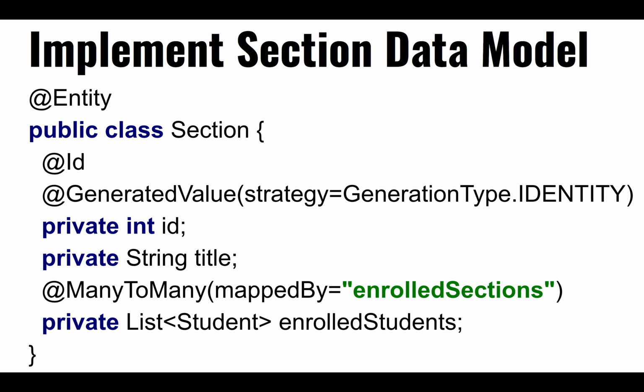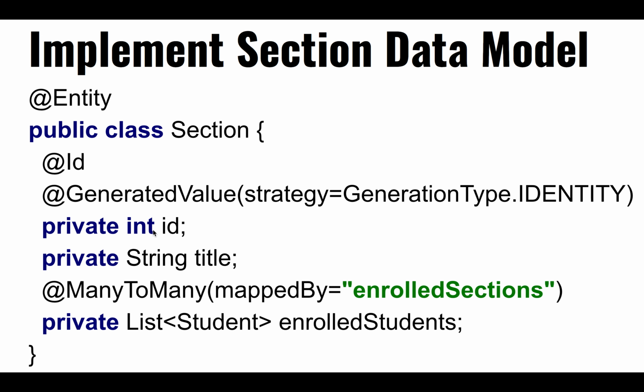Looking from the students to the sections, you have one student has many sections. From the section looking at the student, you have one section having many students. So basically you just have many-to-many on both sides, like a collection. A student is going to keep track of a list of sections, and the section is going to have a list of students from the other side. Make sense? So that's exactly what we're going to do.